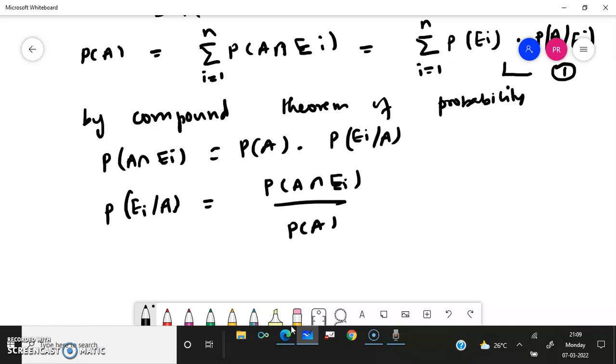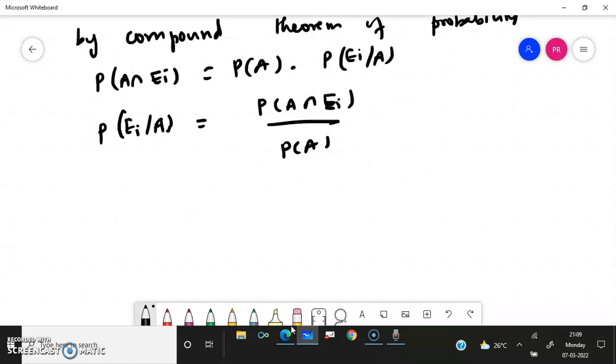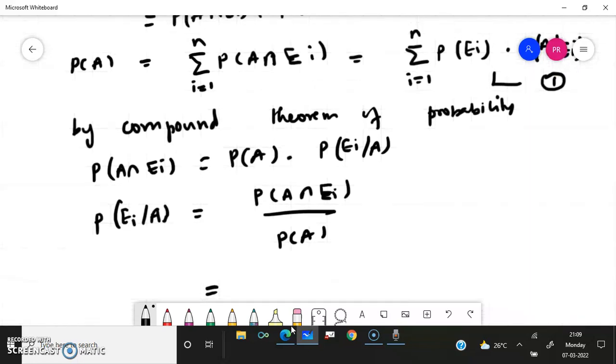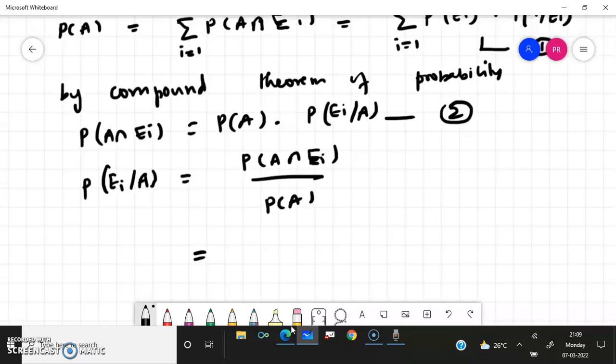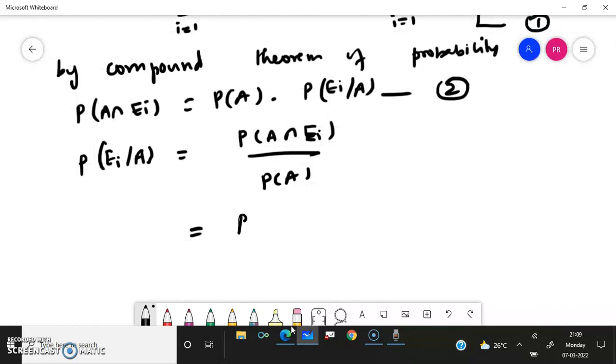It is nothing but P of A intersection Ei, which we have just written. You can mark it as equation 2. Equation 2 says that this is nothing but P of A into P of Ei given A.